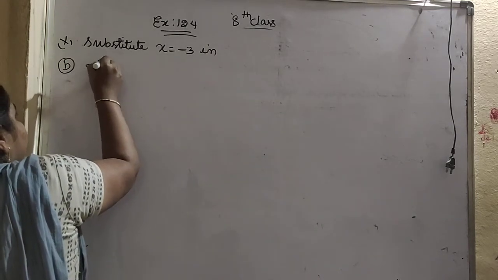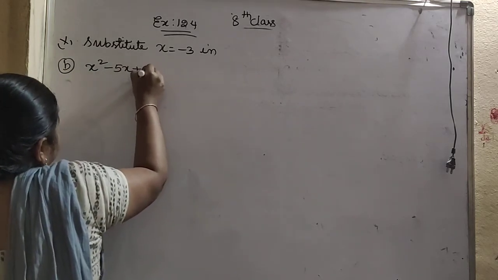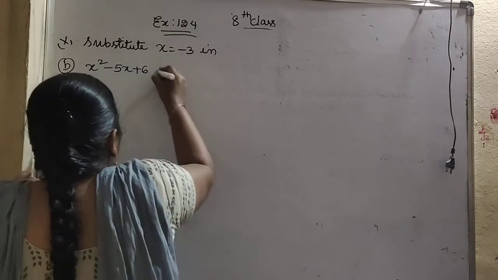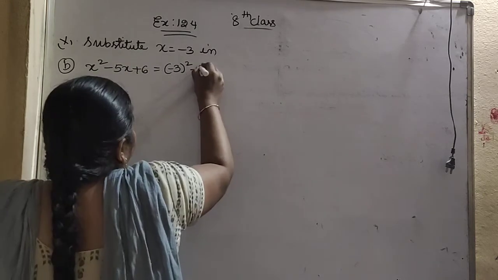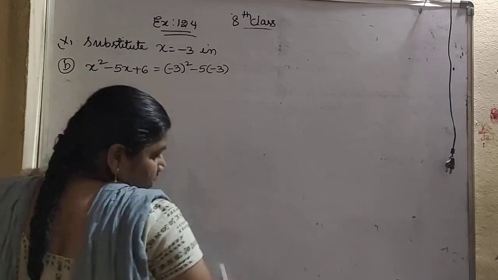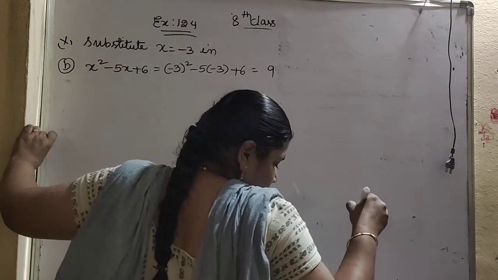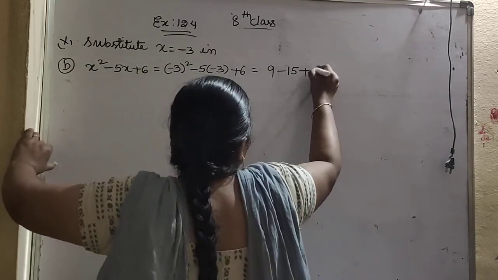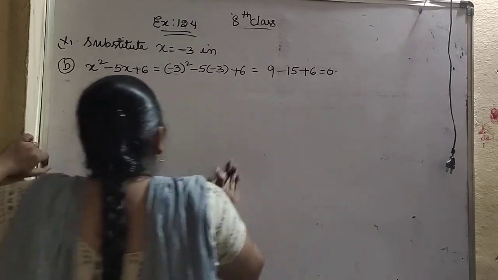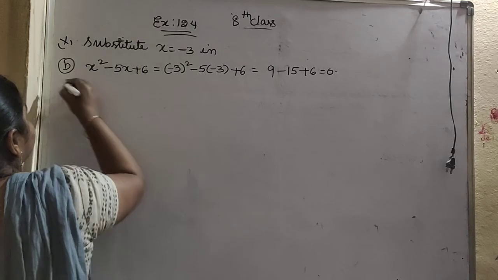B bit is x square minus 5x plus 6 equals (-3) whole square minus 5 into -3 plus 6 equals 9 minus 15 plus 6 equals 0. So if they substitute -3 in place of x, they got the result as 0.